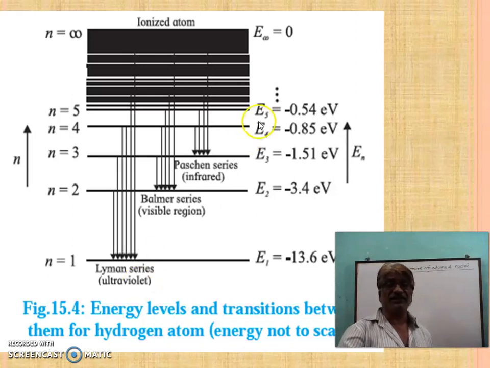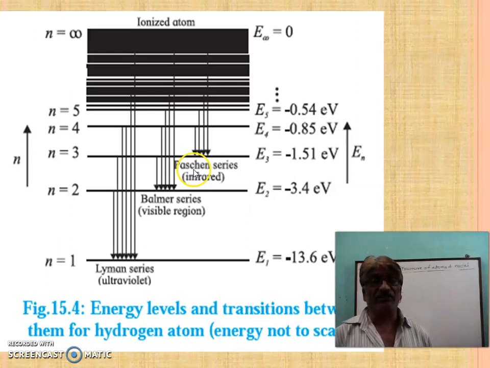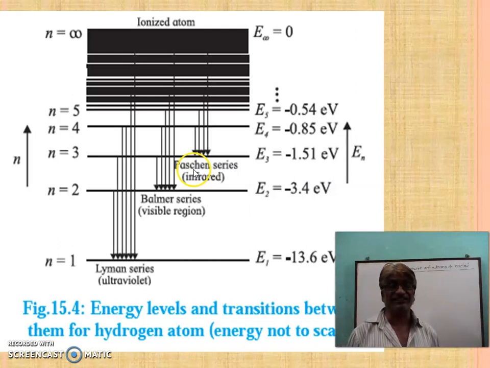Similarly, the Paschen series is seen when an electron transitions from the fourth orbit to the third inner orbit. That is the first line of the Paschen series. When an electron transitions from the fifth orbit to the third inner orbit, it represents the second line of the Paschen series.